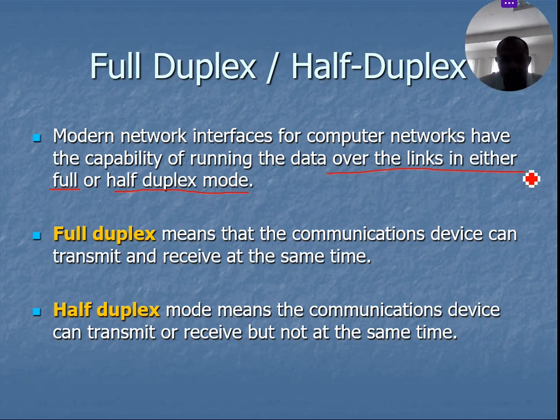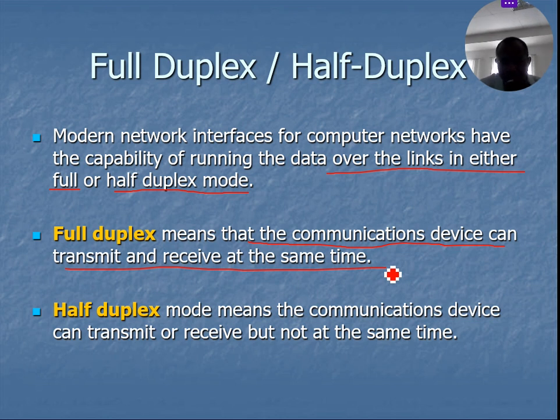All your networking devices and telecommunication devices can transmit and receive at the same time. That's the meaning of full duplex mode. A can send to B, B can send to A simultaneously. When there's simultaneous transmission and reception, we say this mode is called full duplex mode.